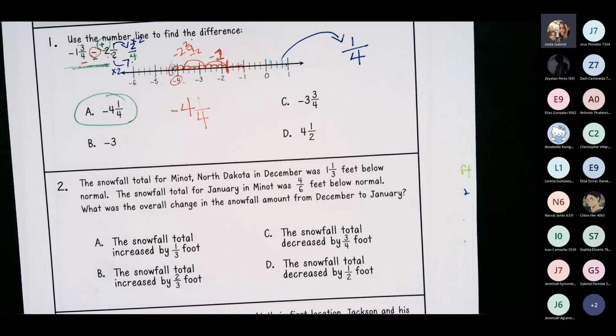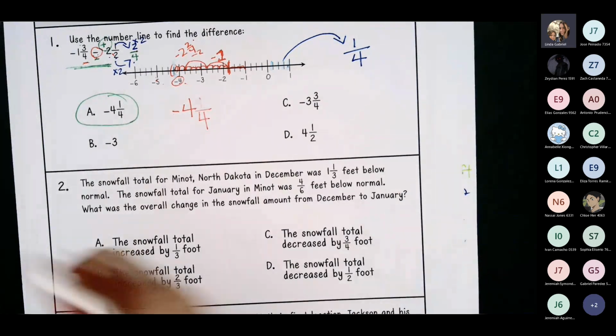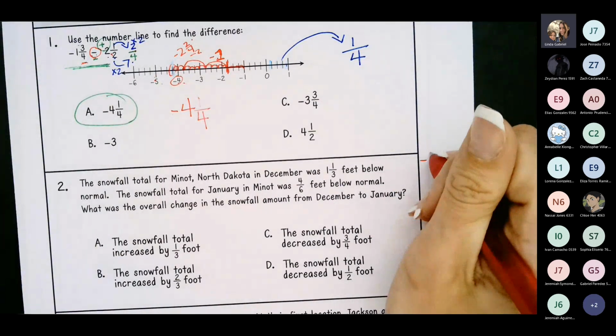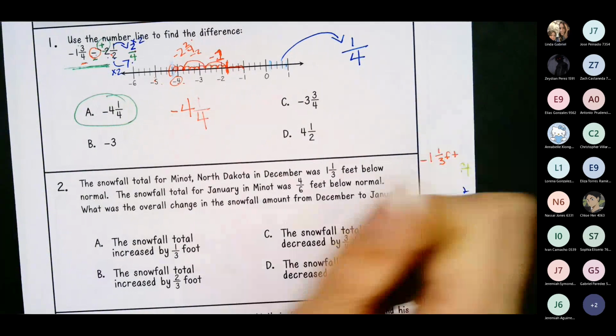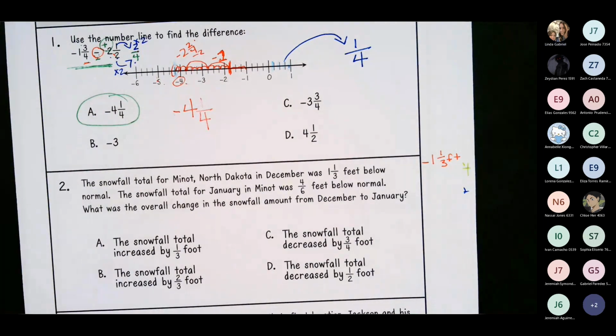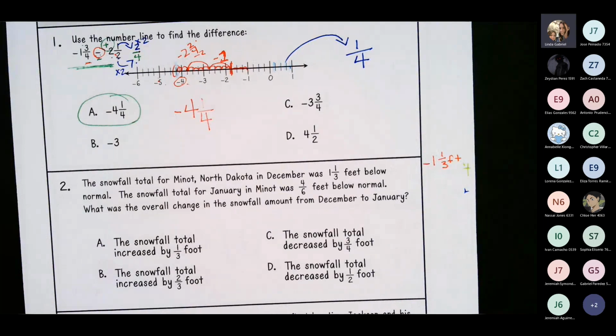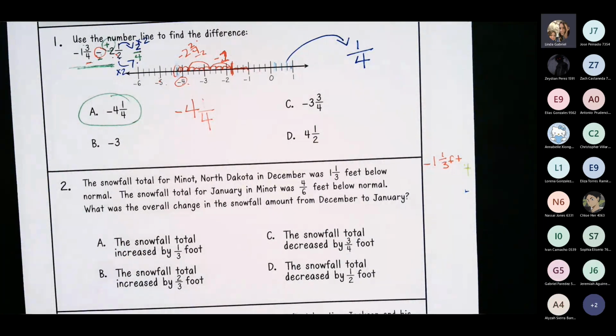Below normal. Is that going to be positive or negative? Right, it's going to be negative, because it's below normal. So I have -1 1/3 feet below normal.